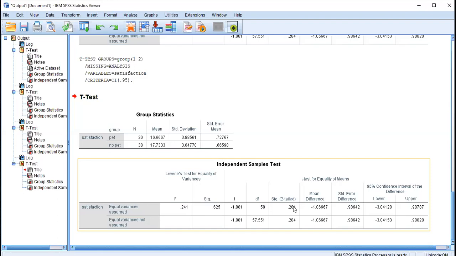Now coming to the next question, we are talking about the effect size. What is the effect size? Is it small? Is it medium? Is it large? That is what we are looking at. That is the effect size, small d, and small d is equal to the t value multiplied by the square root of n1 plus n2 in the numerator, and n1 multiplied by n2 in the denominator.